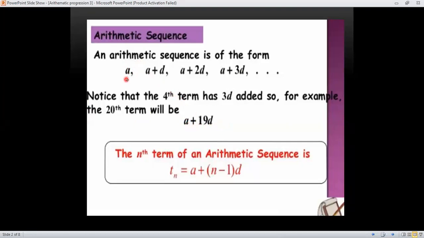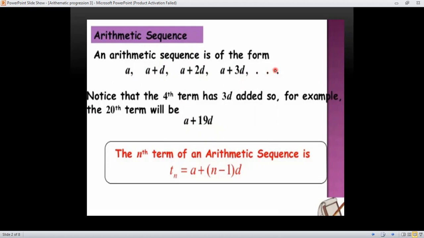A is the first term and this is second term, A plus D. D is the common difference. For third term, we add A plus 2D. For fourth term, we add 3D.